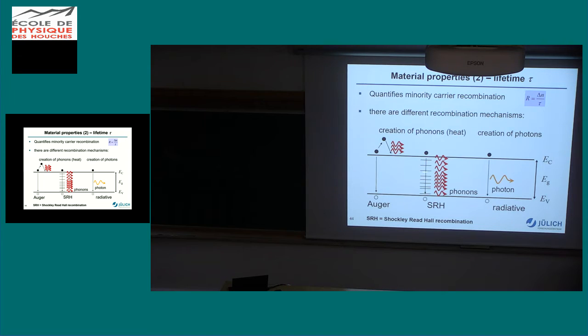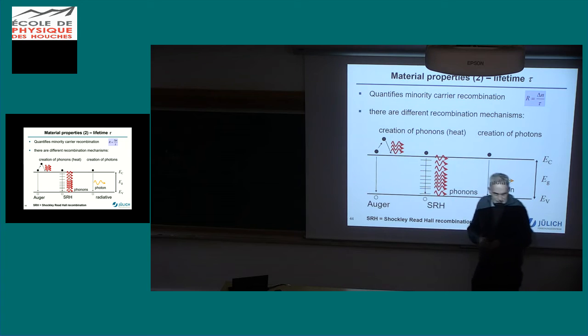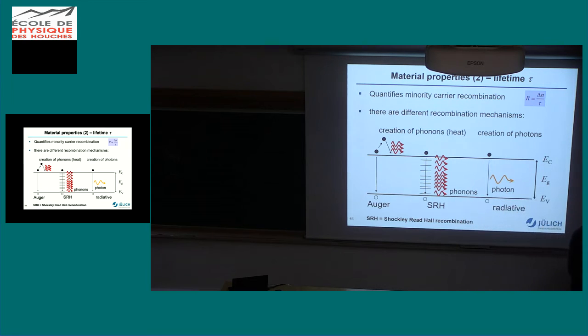If you have a state in between where the electron can go to a defect state, this is why our colleagues from gallium arsenide and silicon are so worried about defects. A defect is something that puts an allowed state into the forbidden area. And that's why this is efficient in recombination.